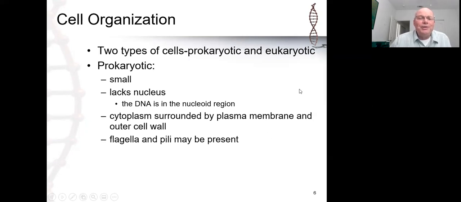So we know that there are these two different types of cells, prokaryotic and eukaryotic, and the names actually tell you something about the cells.